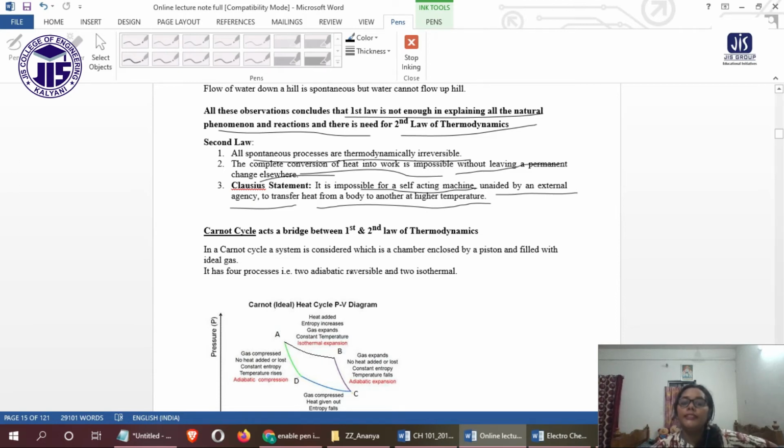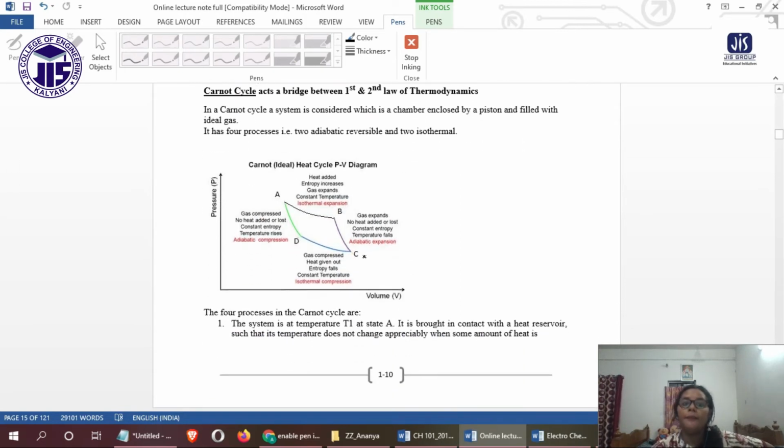Now we will see the Carnot cycle, okay. In a Carnot cycle, a system is considered which is a chamber enclosed by a piston and filled with an ideal gas. It has four processes: step A, step B, step C, and step D. From A to B, that is the isothermal expansion.